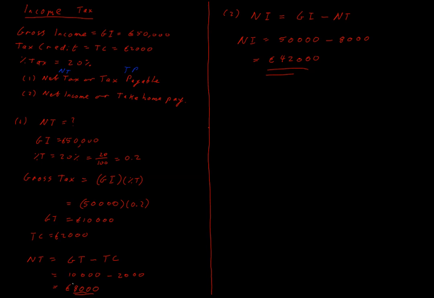That'll give us our net tax, or the amount of tax we actually have to pay. And then to find out how much money we get to take home, our net income, that's going to be the money we started with, our gross income, minus the amount of tax we have to pay, our net tax. And that will leave us with the money we get to take home in our pocket. And that is what we need for income tax.